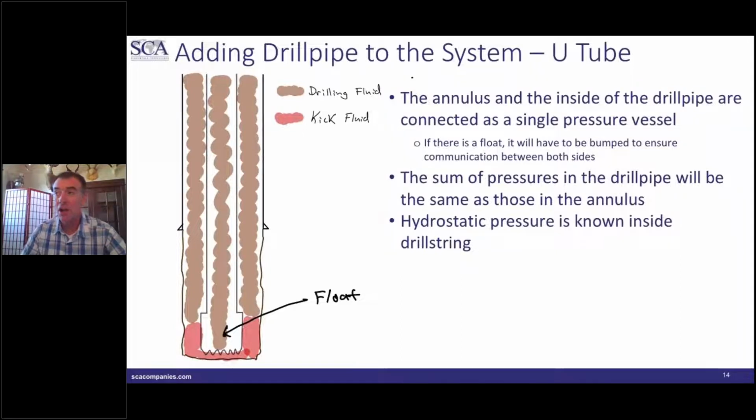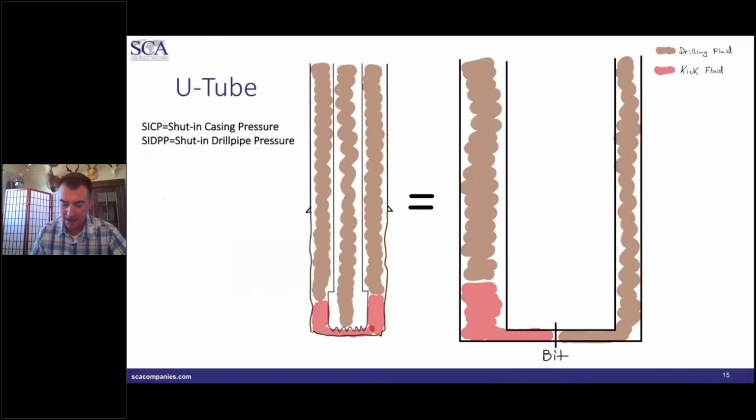Okay, so to understand this system, we need to look at this as one big pressure vessel, and we do that by looking at it as a U-tube. So basically I'm going to take this wellbore and split it into two pieces. This is just an easier way of looking at it, with my annulus over here on the left and the inside of my drill pipe over here on the right.